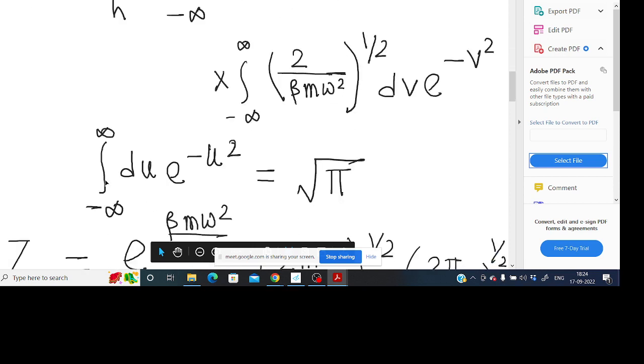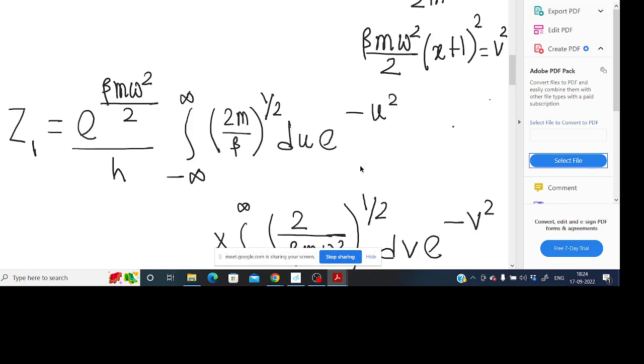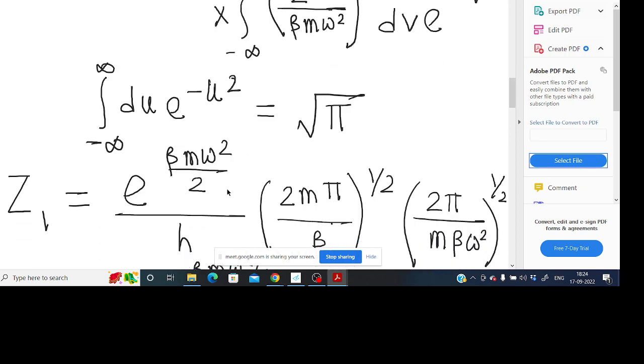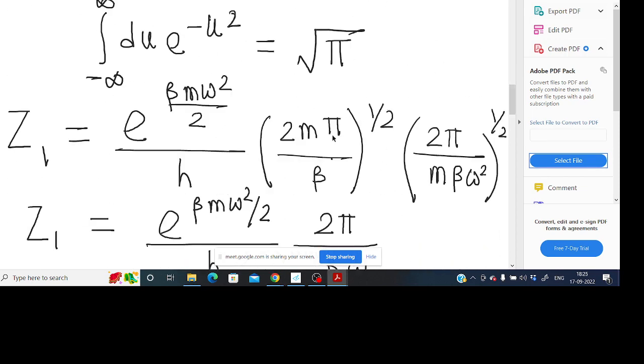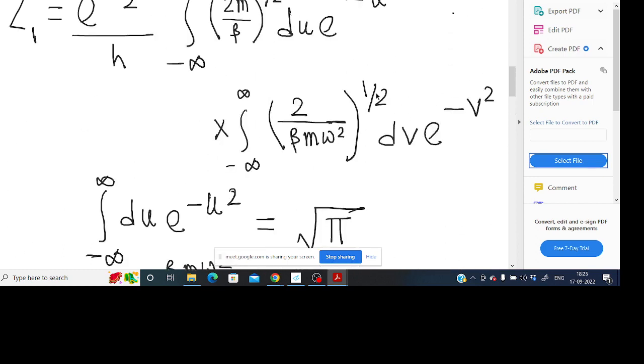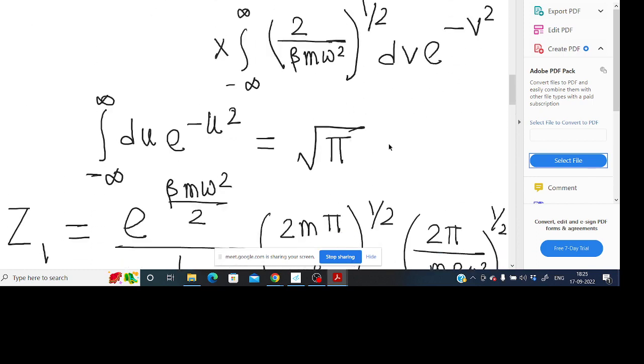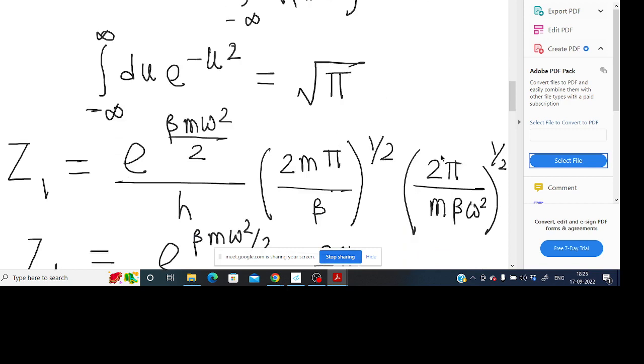Now this integral du e to the power minus u square, where the limits of the integral are minus infinity and plus infinity, is equal to root pi. So we get this from the first integral, and from the second integral we get again root pi.